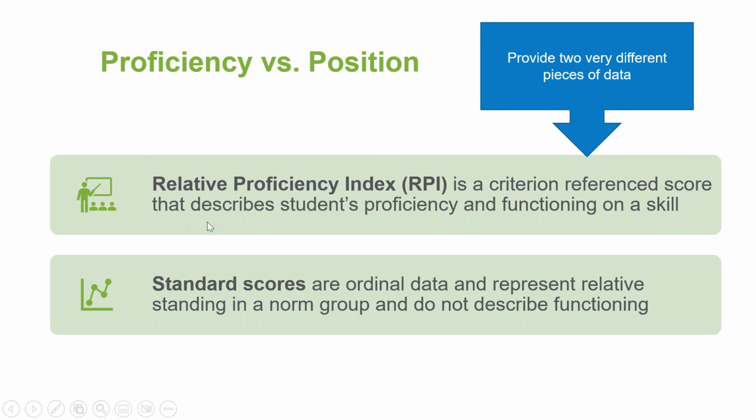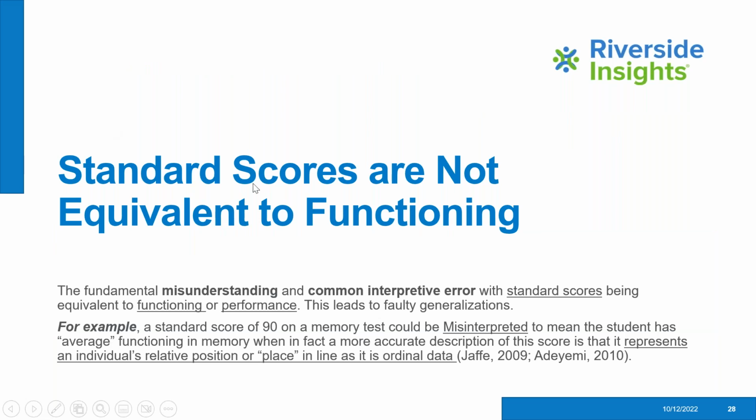So as Dr. Holman has mentioned, that relative proficiency index score is that criterion reference score that describes that student's proficiency and functioning on a skill. Whereas that standard score, those are ordinal data points that represent relative standing in a normative group, and they do not describe functioning. And that's one of the biggest, I think, misunderstandings when it comes to really interpreting standard scores.